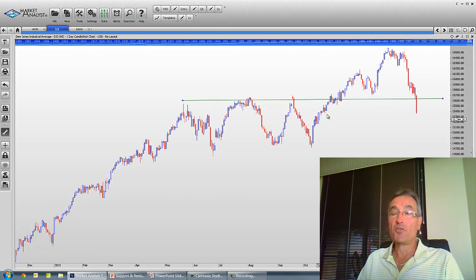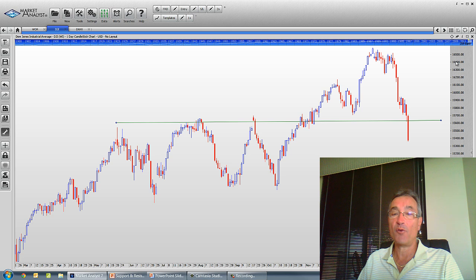Now the price eventually managed to break above that 15,600 level and ran up another 1,000 points before it fell back. Now it only just spent one day at that level. It did find a little bit of support for a brief period, but then has clearly broken through to the downside.